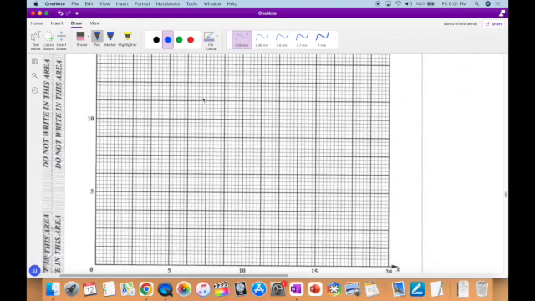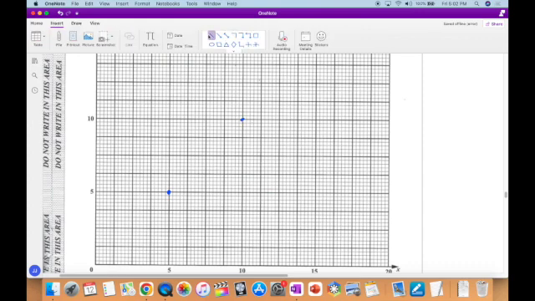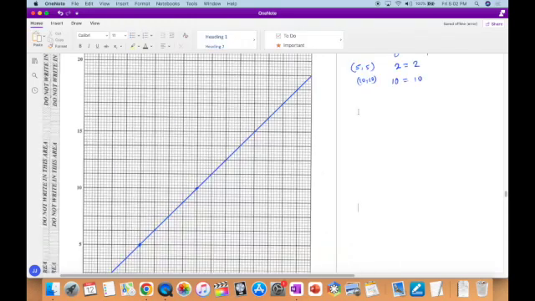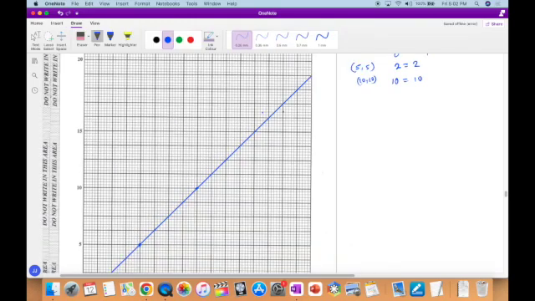So we have 5, 5 here. And we have 10, 10 here. And we connect that. Nice. And so this here is the line y is equal to x.